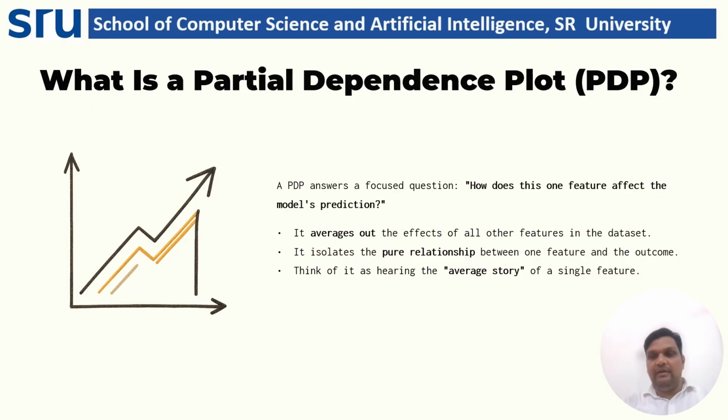PDP answers a focused question: how does this one feature affect the model's prediction? What it does: it averages out the effect of all other features in the dataset. It isolates the pure relationship between one feature and the outcome. Think of it as hearing the average story of a single feature.